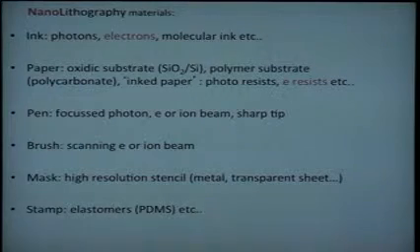The brush, what we use commonly, is equivalent to, in the nanoscale, scanning an electron beam or ion beam. Similarly, mask, it could be a high resolution stencil made of metal or a transparent sheet. And stamping tools are essentially made up of some elastomers like PDMS, not the common rubber, because common rubber doesn't offer good resolution.